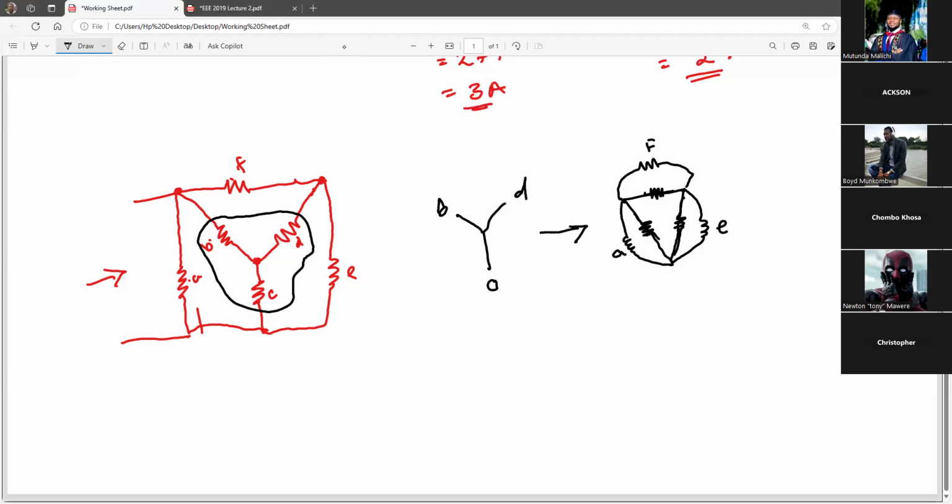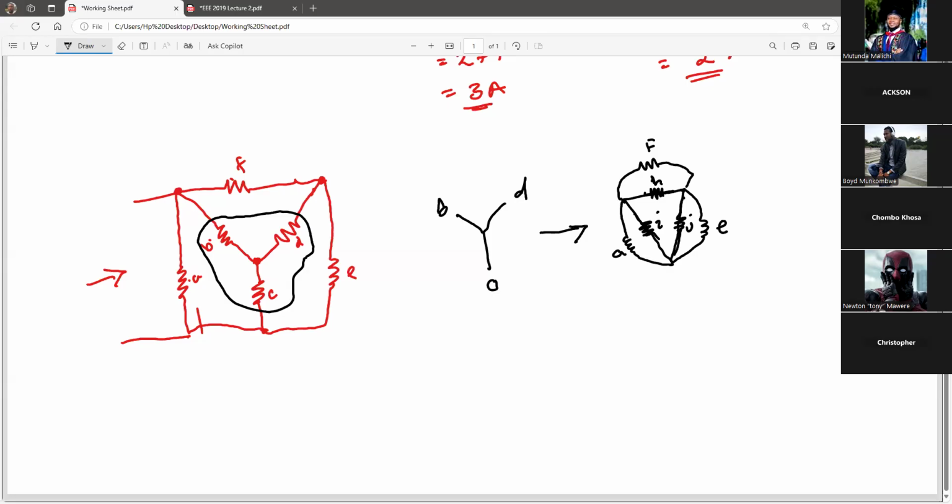So if you convert the B, C, D Y into delta, it will give you H, I, J resistors. And that's how the H, I, J, which will be connected in delta, will be connected with respect to these other resistors that you already have.